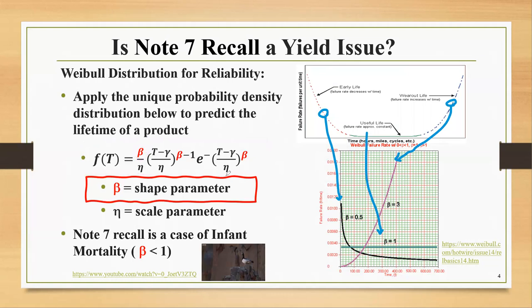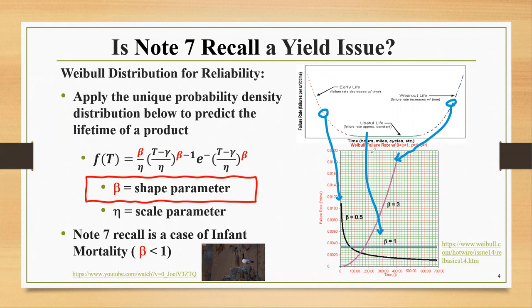We're not going to discuss it today, but if you look at this equation, and if you put beta less than 1, you are describing this power curve. This power curve is called infant mortality, meaning that initially it just drops like a rock, like exponential functions, right?